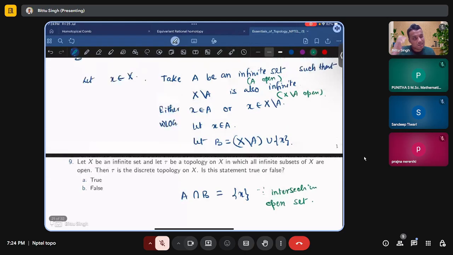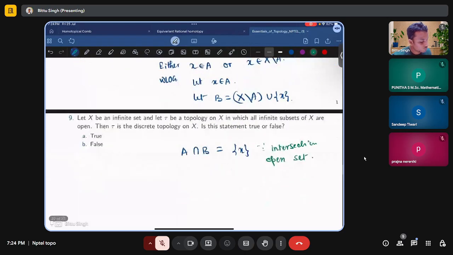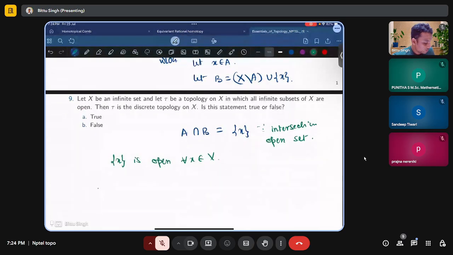And it is true for any x. For any x, this is open. This is open for all x belongs to X. Hence, whatever set you give me, suppose K is a subset of X. K can be written as the union of those singletons {Ki}, i belongs to R, right?